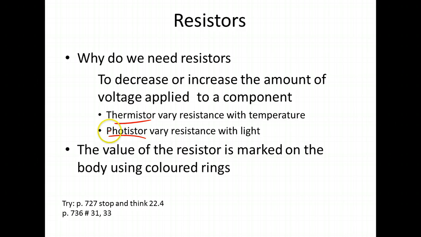A photoresistor is a resistor that senses light. Your book gives a really good example that I like, which is night lights. When you turn out the lights in a room, it senses that. It decreases its resistance to allow current to flow, which turns that light on. When it senses that lights are on, it increases its resistance, and the light is off. That's how they're kind of automatic.